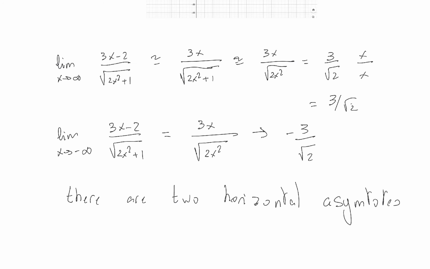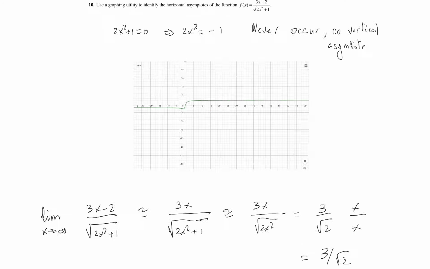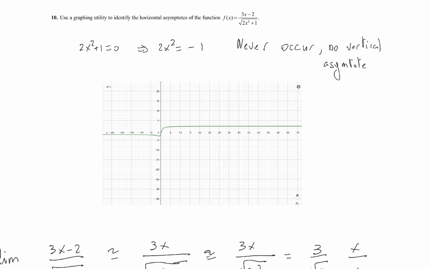Now this problem says use a graphing utility to identify the horizontal asymptote. A horizontal asymptote occurs when x goes to infinity and the function approaches a finite number at infinity.